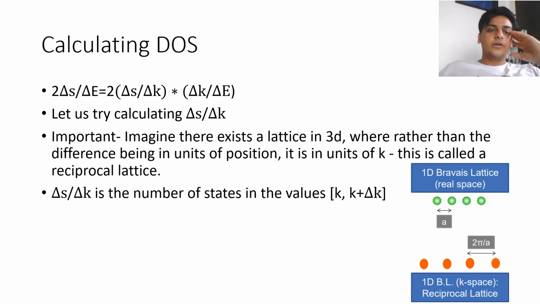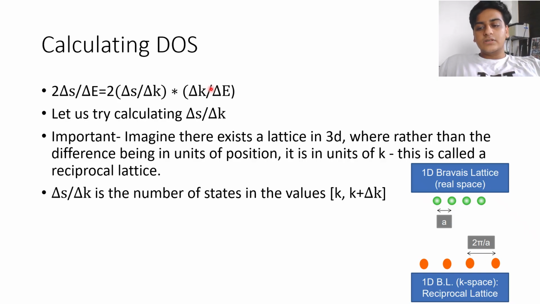So let's move into the calculation of the density of states. We know that we want to ultimately calculate 2 delta S by delta E. We can break this up into calculating delta S by delta K and delta K by delta E. The motivation to do this is that if you go back to one of the previous modules, we already established a relationship between E and K, which even if you've forgotten it is okay.